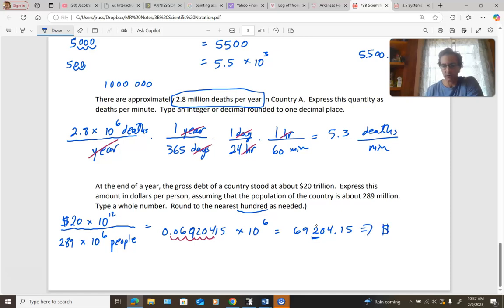And it's going to be dollars. $69,200 per person. So now that we are looking at the debt per person, it's easier for us to get an idea of the magnitude. So this is almost $70,000 per person. So that actually seems like quite a bit to me.